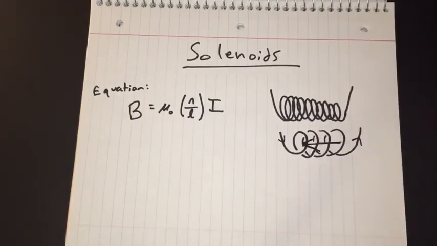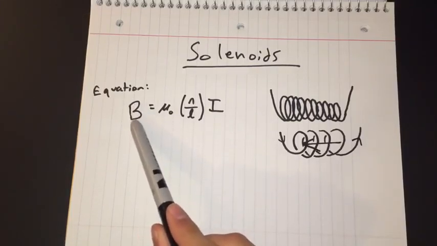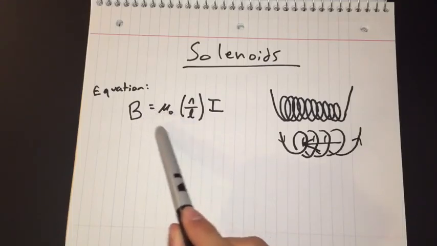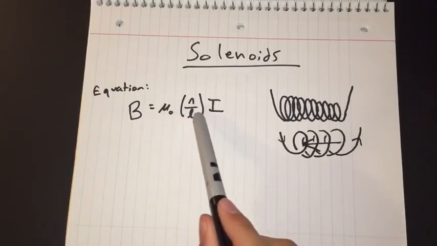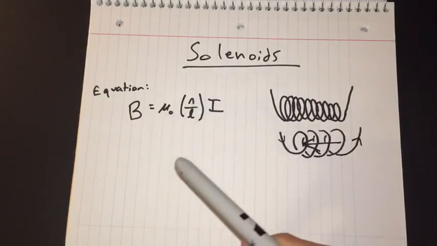So now that we know the direction, we may want to figure out how to analyze a solenoid problem quantitatively. So we have this equation, B, the magnetic field, is equal to this constant multiplied by N over L, which is the turn density.